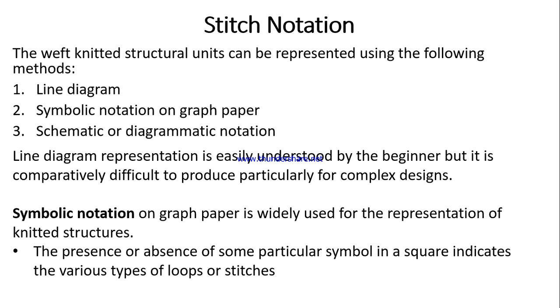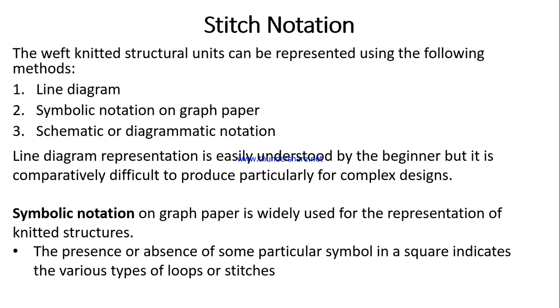So in case of knitting also there are stitch notations. By using those stitch notations you can present the structure of a knitted fabric. There are basically three different methods of representing the stitch notation for knitted fabric. One is the line diagram. This is simple, by drawing the structural geometry.